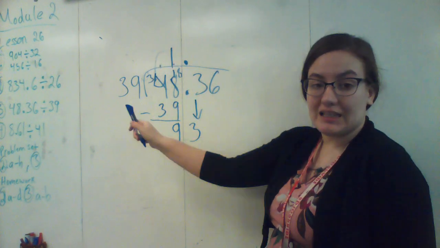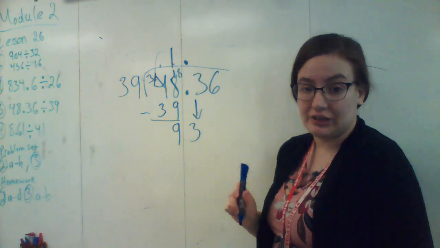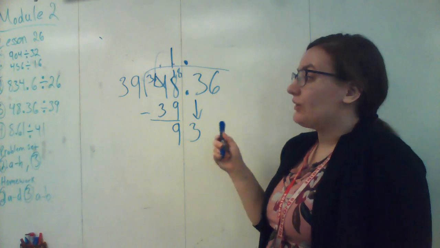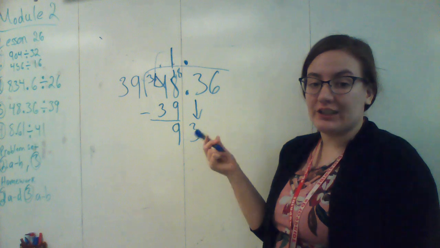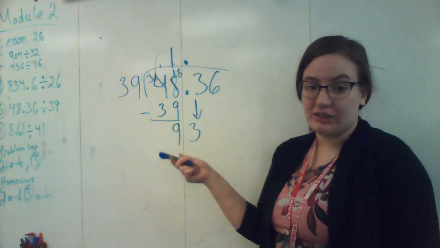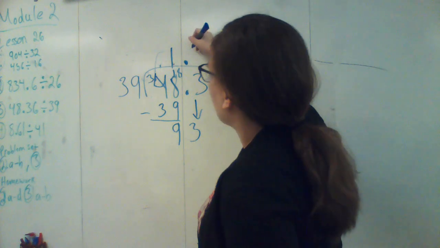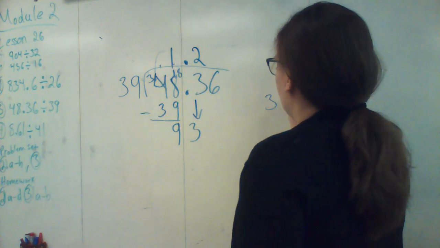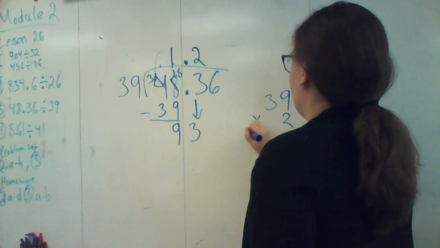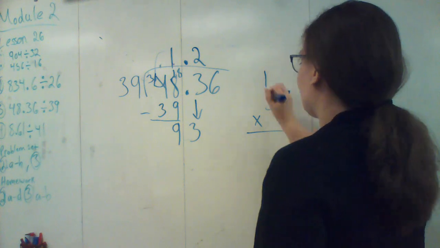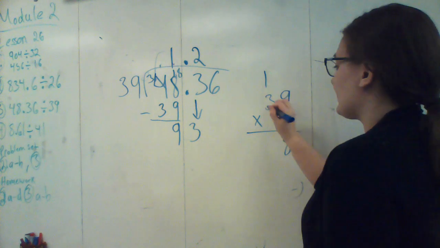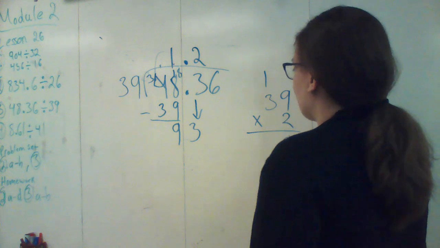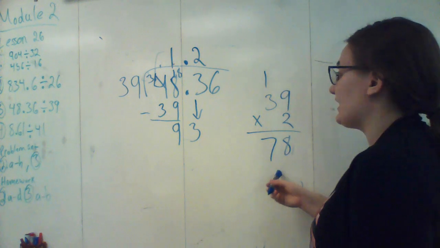Now I have to figure out how many times 39 can go into 93. I can think about it if I were to round 39 up to 40. 40 times 2 is 80, so that's really close to 93. So I'm going to try a 2 up here. And I'm going to do 39 times 2 off to the side. 9 times 2 is 18, carry the 1, leave the 8. 3 times 2 is 6, 6 plus 1 is 7, so 78.